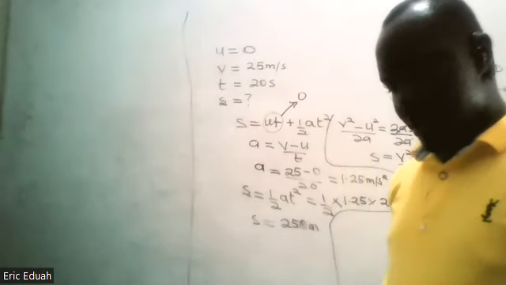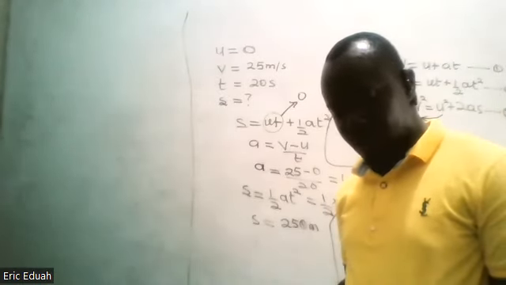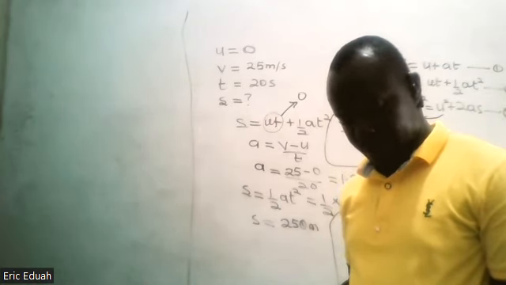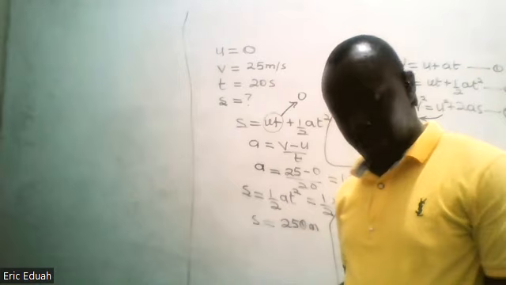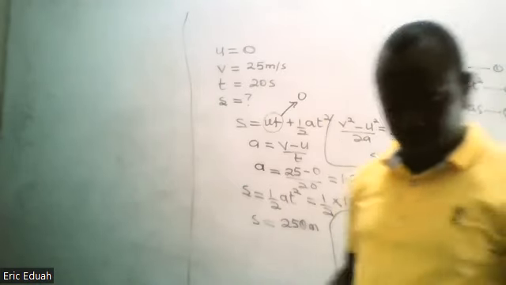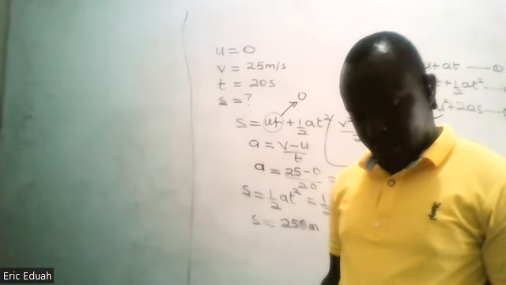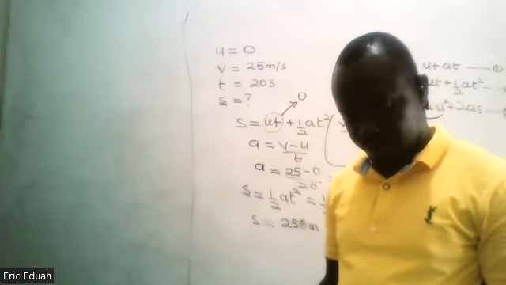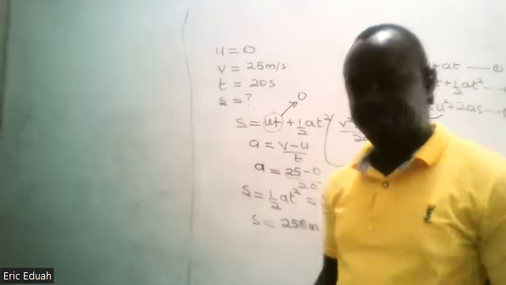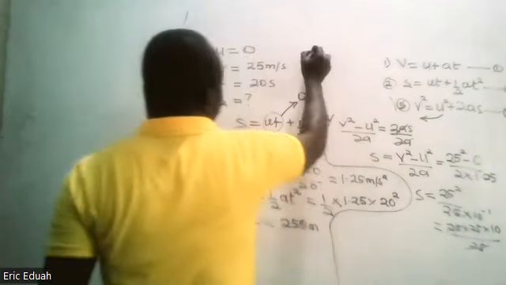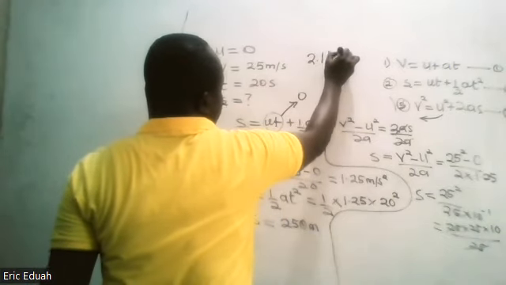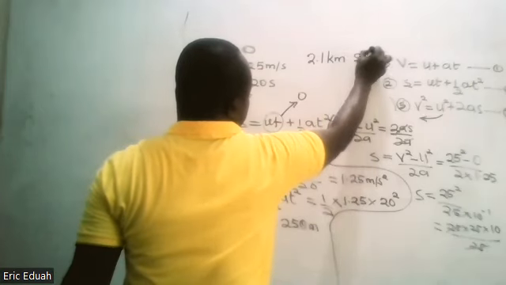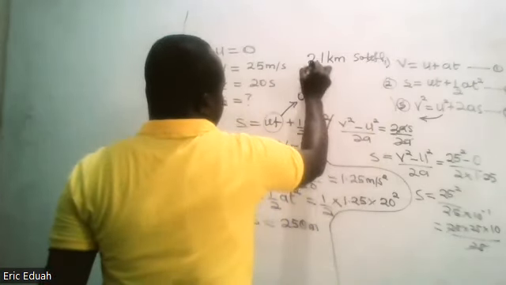Okay, first one. A car travels 2.1 kilometers south in 7 minutes. Celia, please, you said 2.5. It is 2.1 kilometers south in 7 minutes.